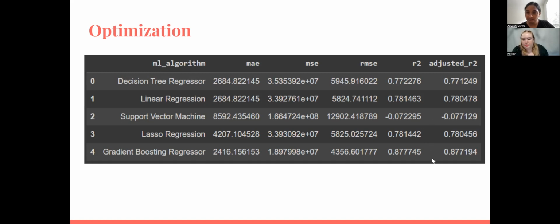If I were to rank them by adjusted R-squared, which is my preferred value for correlation, I would say gradient boosting regressor, linear regression, lasso regression, decision tree regressor, and then SVM is just completely missing the mark with an inverse correlation.